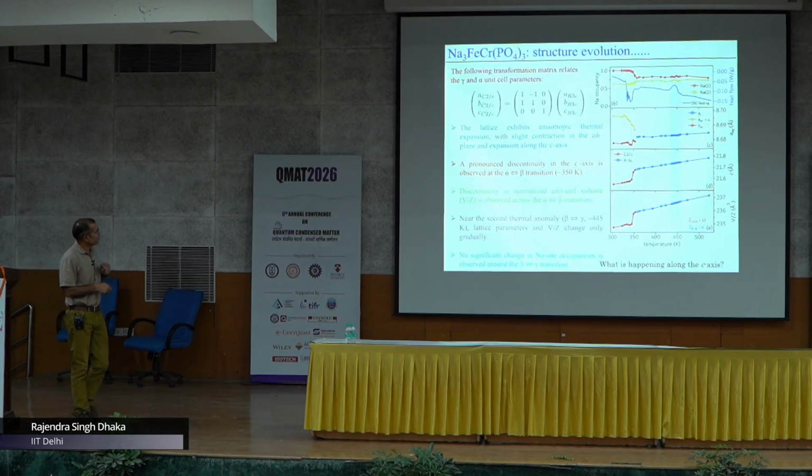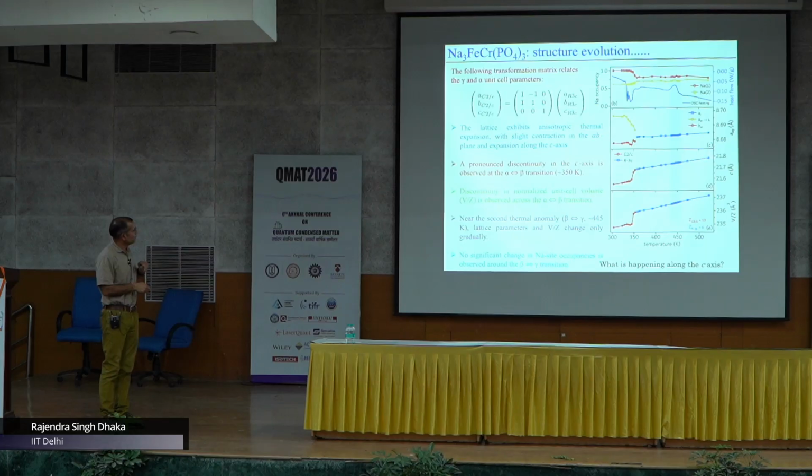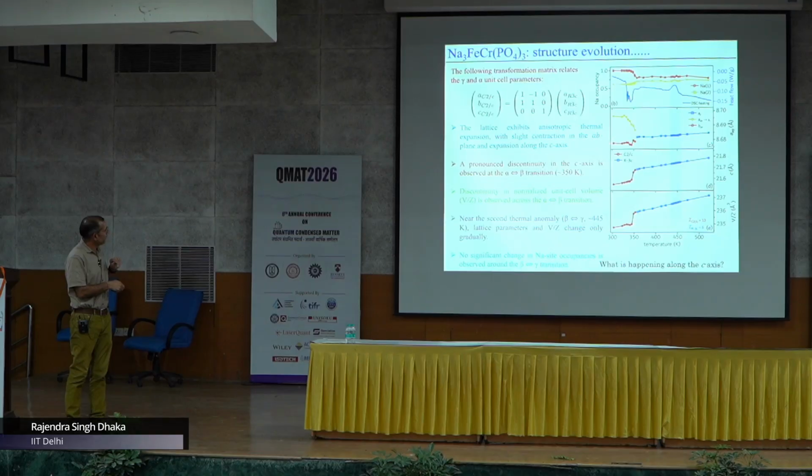Then of course the lattice parameters, the A and B you can see here for the monoclinic phase should be different. So A is decreasing and B is more or less constant, and then suddenly it collapsed and transformed to the rhombohedral phase, where along the C axis you can also see a drastic change at the transition temperature, and then it goes almost linearly, which gets reflected in the normalized volume as well.